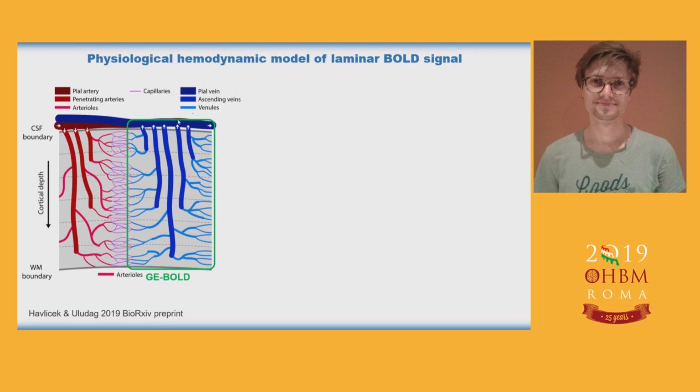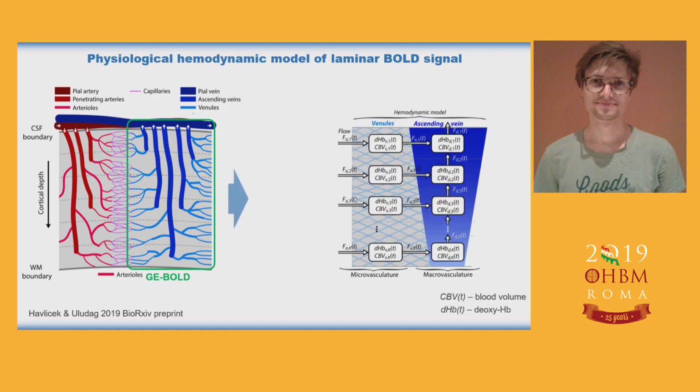You can also see that those ascending veins are increasing their density towards the surface. And it's exactly this anatomical relationship between venules and ascending veins, and the functional role of ascending veins, which we are trying to model with our hemodynamic model.